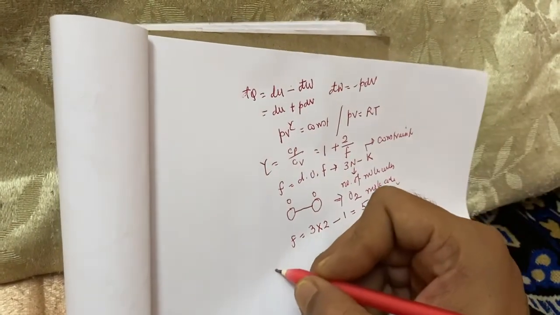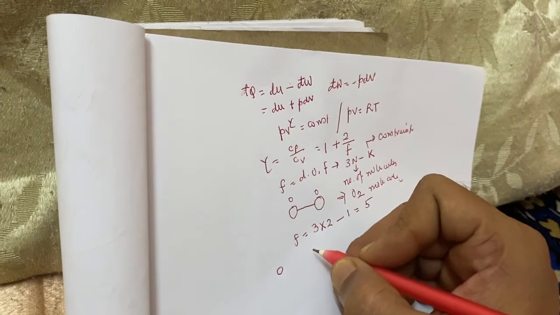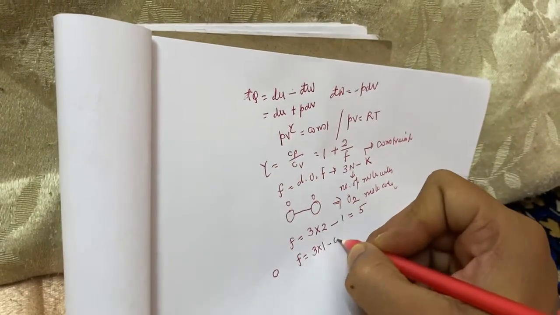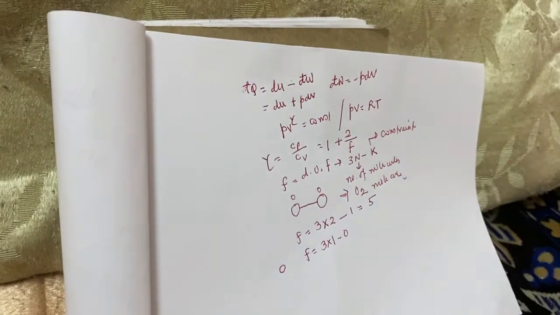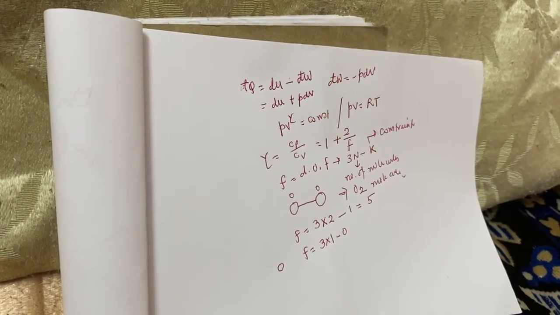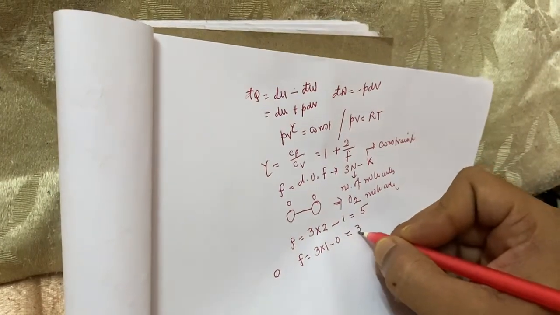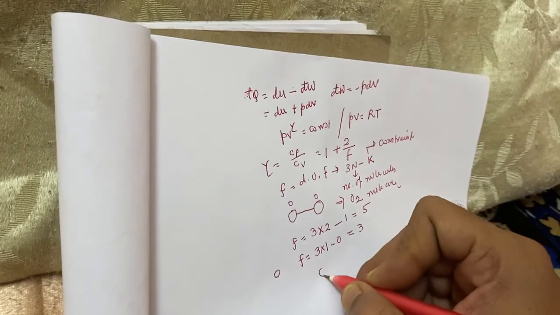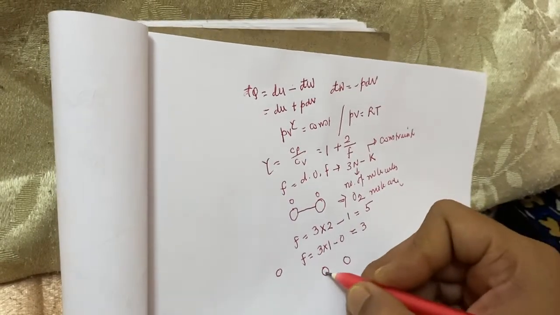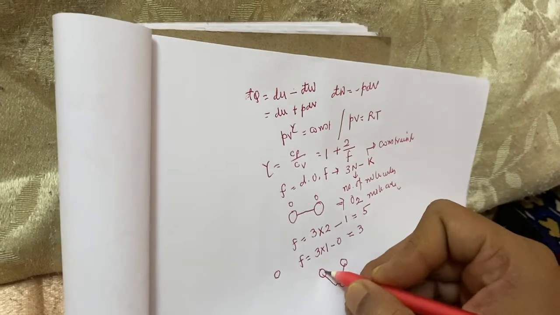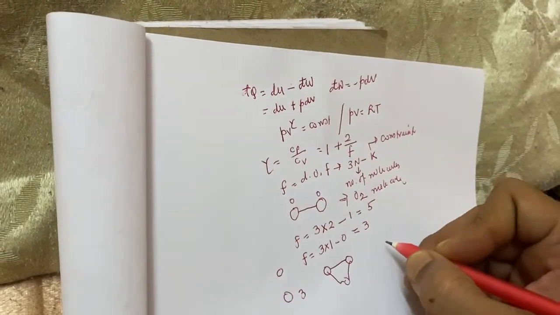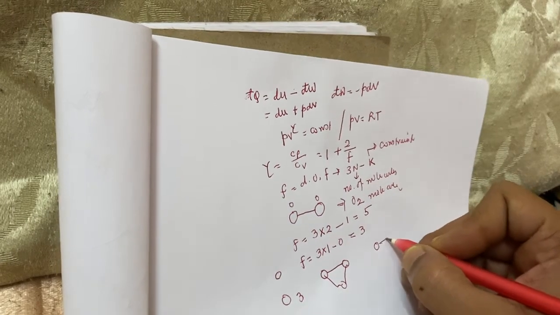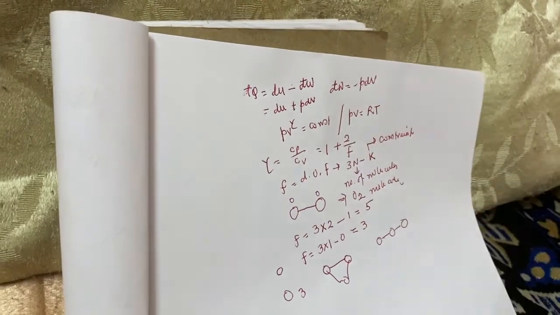For a monoatomic molecule, suppose helium, F is equal to 3 into 1 minus 0, because there is no bonding for monoatomic molecules, and the number of degrees of freedom would be 3. For triatomic molecules, the structure may be like this, as for example ozone, or the structure may be like this.